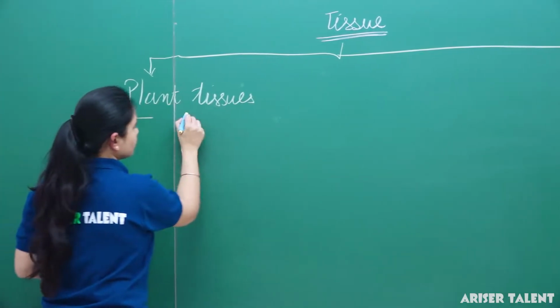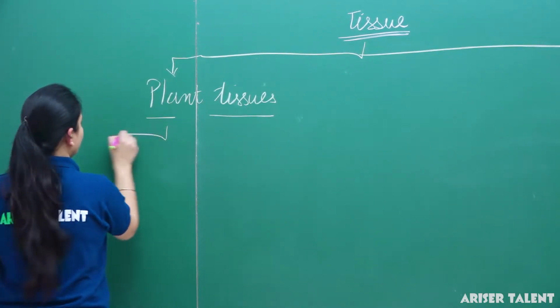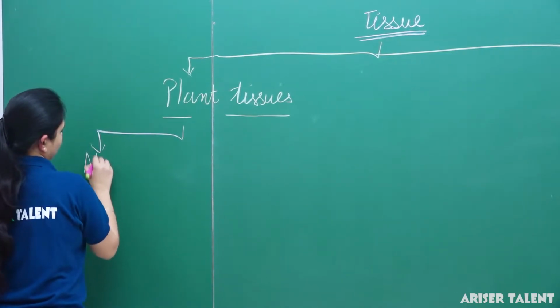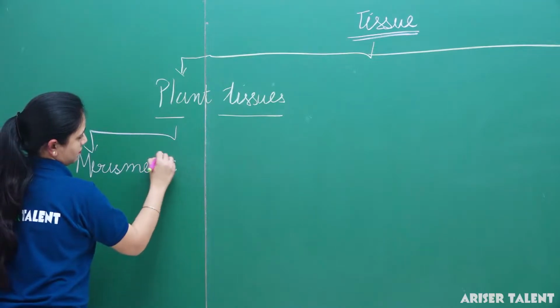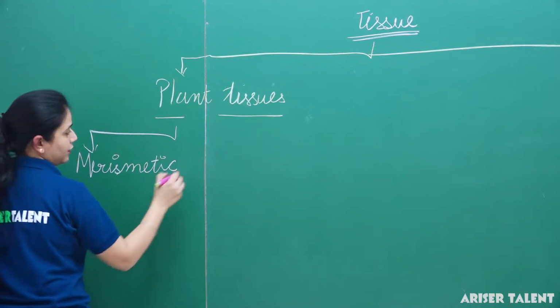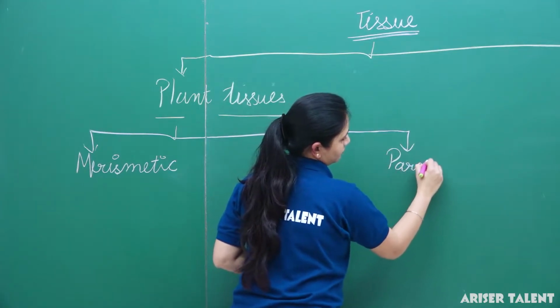Plant tissue is again divided into two categories, meristematic tissue and permanent tissue.